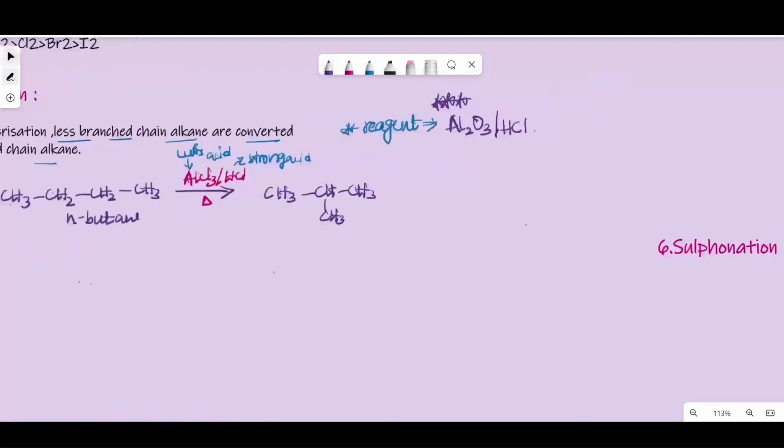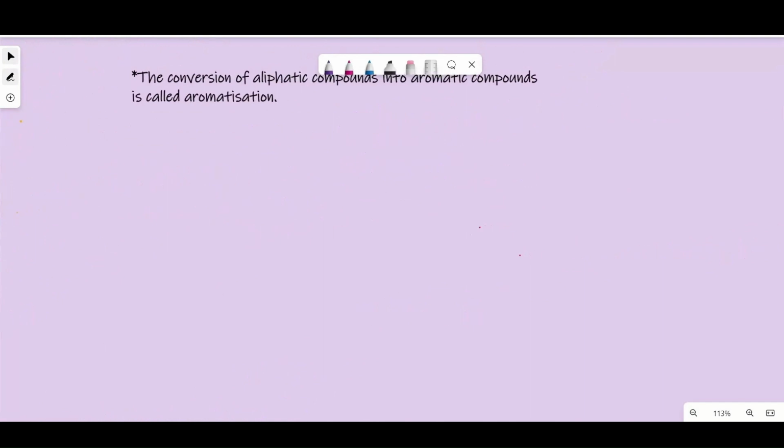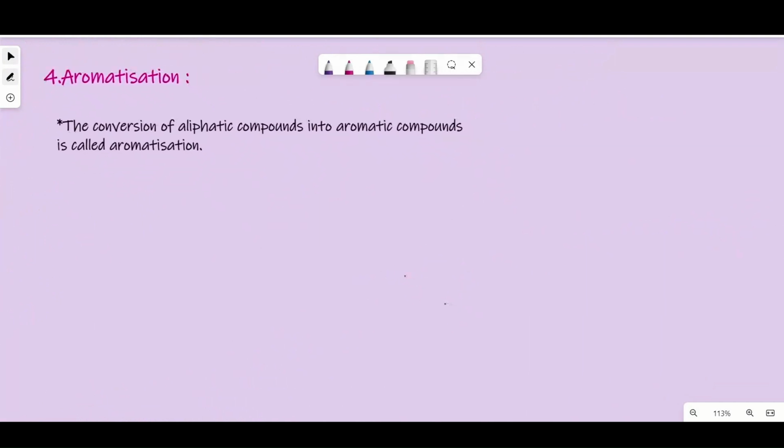Let's see another method, that is aromatization. This is also one of the important topics, because I remember when I had my JEE Mains exam, I got one question from this topic, aromatization, but I didn't know the reagent, so I didn't even attempt that question. So you should remember the reagent.